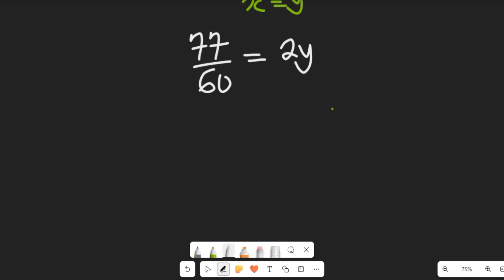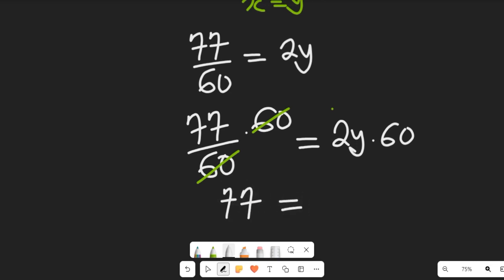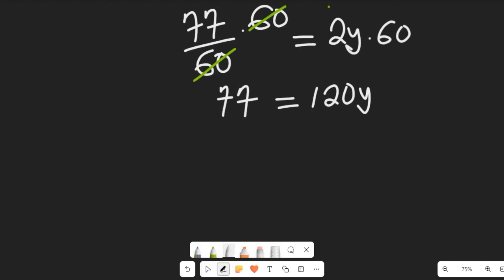To find the value of y, we'll multiply both sides by 60, and this will give us 2y multiplied by 60. This clears the denominator, and we are left with 77 on the left hand side equal to 120y, because 2 times 60 is 120.